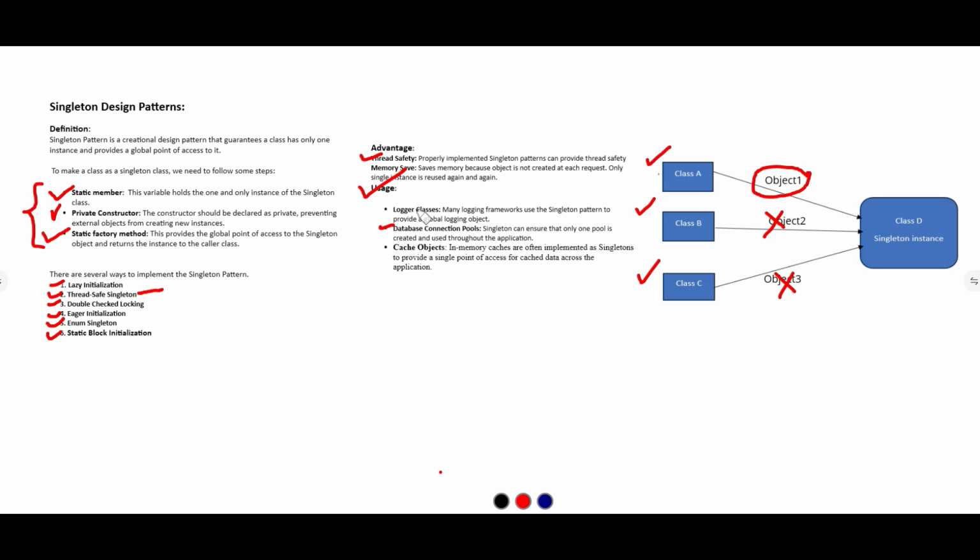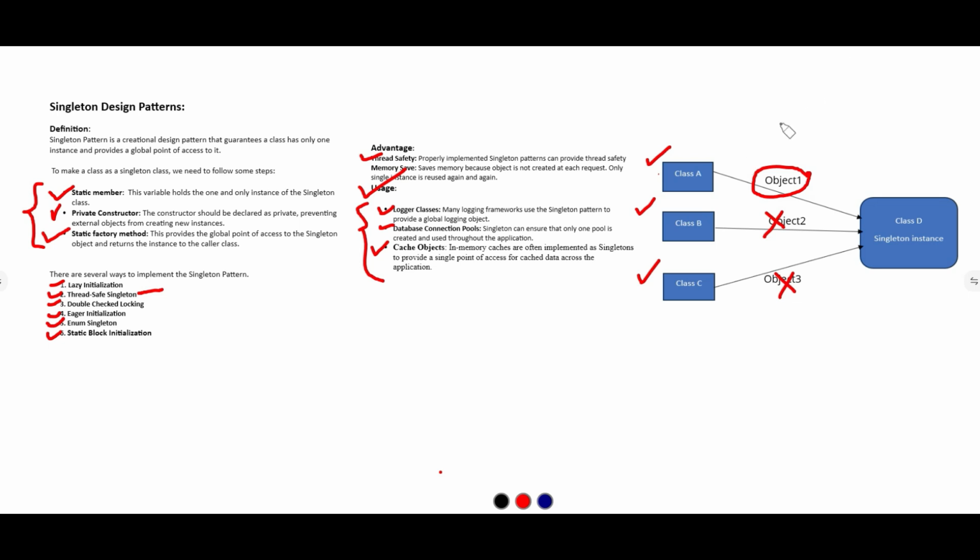To implement logger classes also, we can use the singleton pattern. The third one is the cache object. For in-memory cache also we can use the singleton pattern, so that the same object will be used throughout the application. These three are the most important usages. Always we are using the database connection, the logger classes, and the cache objects.